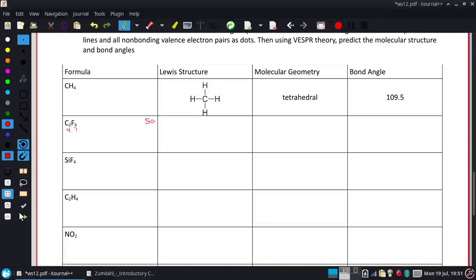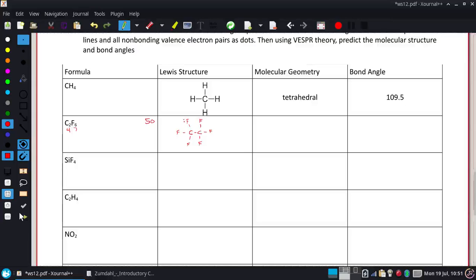And I'm going to place them by connecting the carbons and then connecting 3 fluorines to each one of those carbons. Excuse me. That took care of 2, 4, 6, 8, 10, 12, 14 electrons.